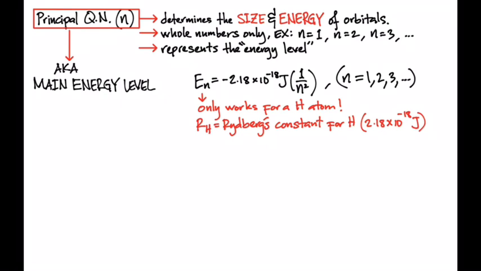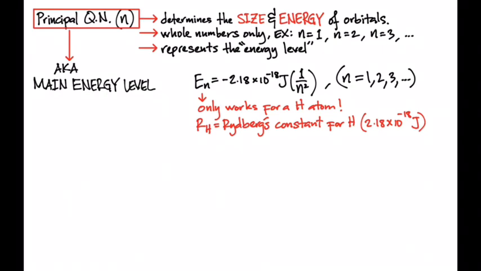However, this equation actually only works for the hydrogen atom. Again, this is based off of the Bohr model of the atom, right? So as I mentioned earlier, Bohr's model of the atom is actually not complete. It only works for a single electron system, like a hydrogen atom.